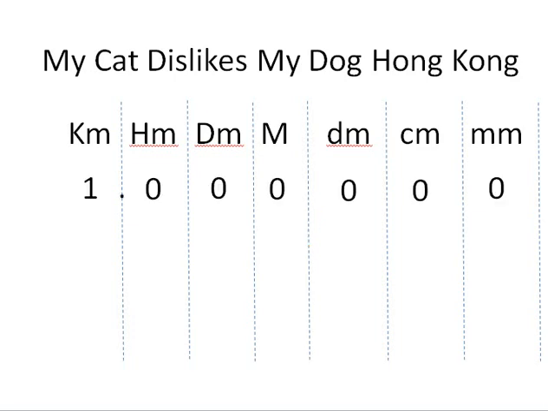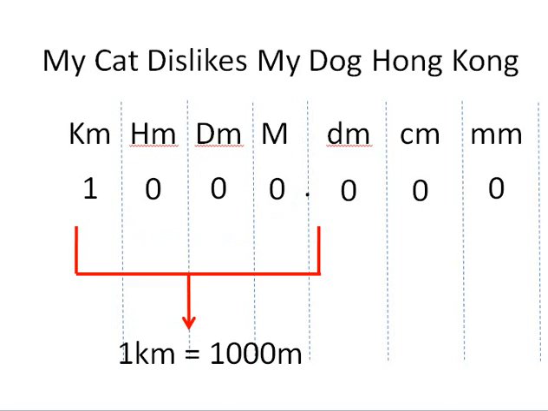So looking back at our original question, 1 kilometer, where is the point for the meters? Of course, it's right there in the middle on the right. So you move the decimal point all the way to that point, and you get this answer here. Looking at it, 1 kilometer is equal to 1,000 meters, which is correct, of course.